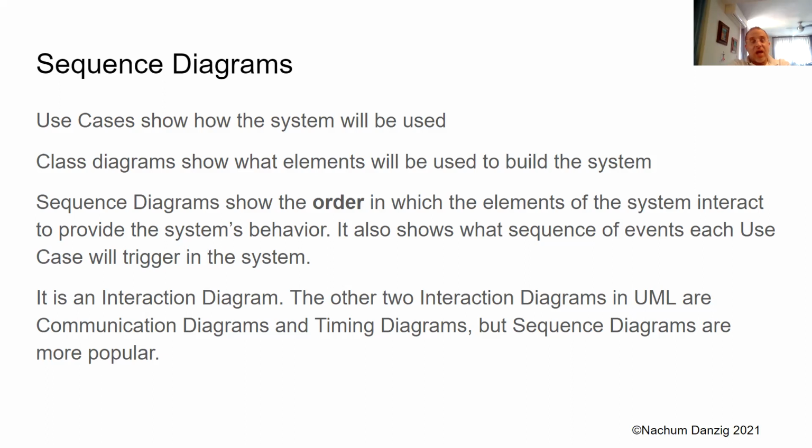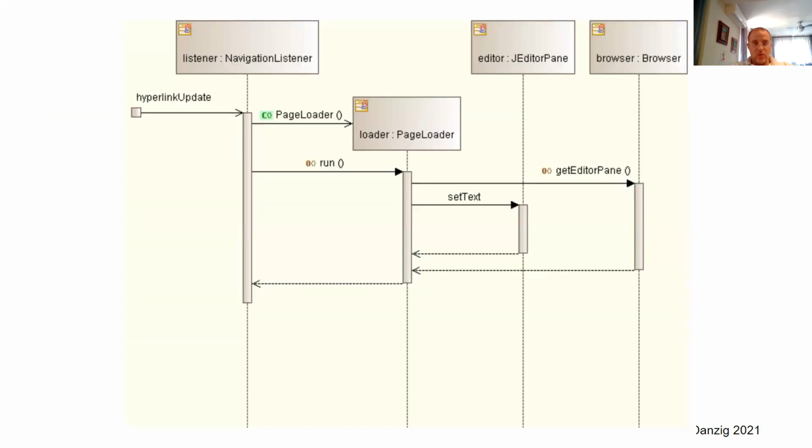The class diagram doesn't say exactly how they work together. It says this one has that, and that one has this. But how do they use each other, and in what way? It also shows what sequence of events each use case will trigger in the system. It is an interaction diagram, meaning it shows interactions between classes. The other two interaction diagrams in UML are communication diagrams and timing diagrams, but sequence diagrams are more popular. So we'll do those.